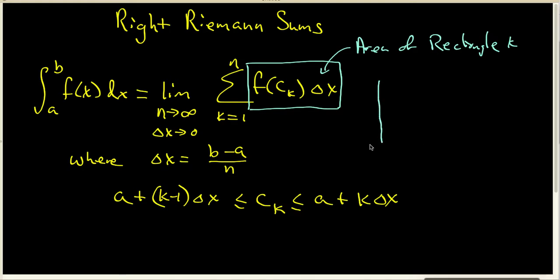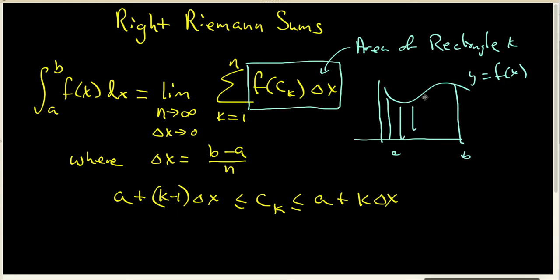In other words, if I draw the picture very quickly, if I have y is equal to f of x that looks like this, and that's a, and this is b, I chop this thing up, and over the kth subinterval, so I have xk minus 1 here and xk here, I stick a rectangle, and this particular rectangle has this particular area.